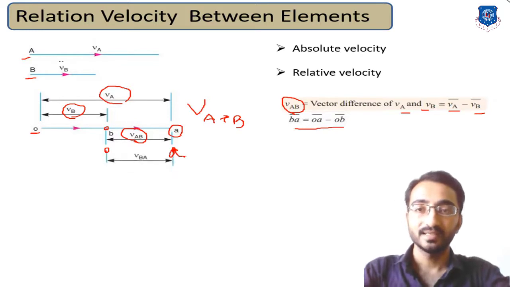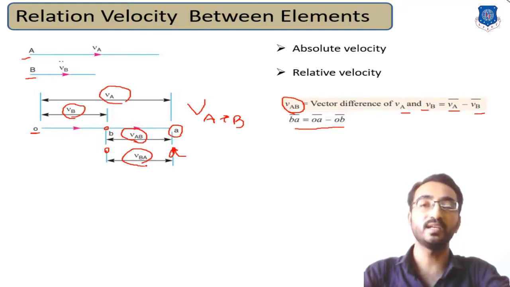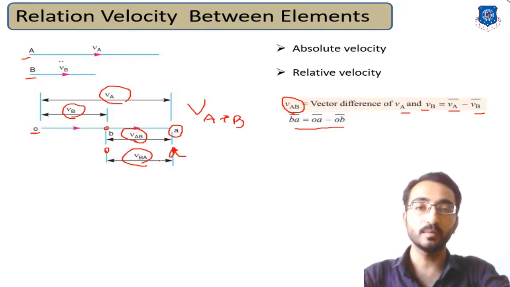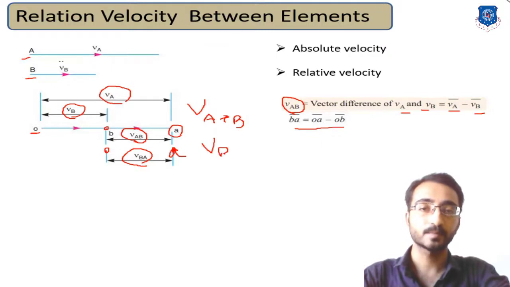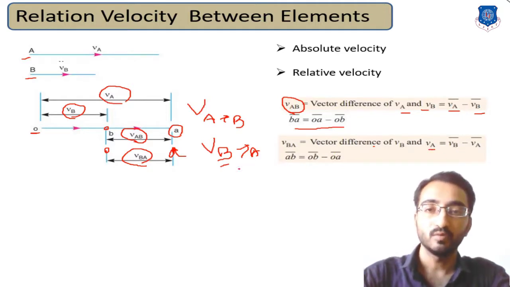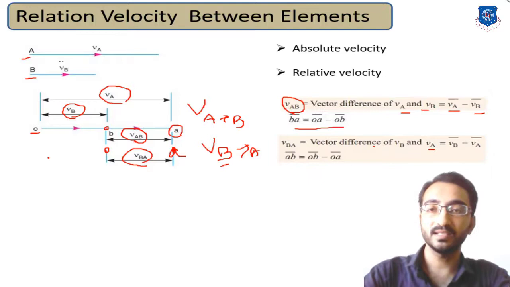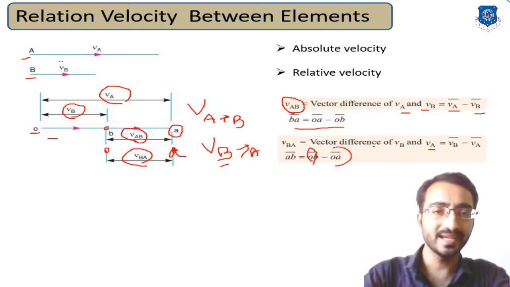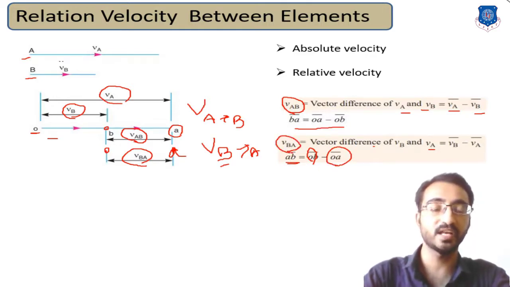So if I want to calculate the velocity of point B with reference to point A, now you are measuring the velocity of point B with reference to A, so your equation will be reversed. The vector difference is the velocity of B minus A, where the velocity of B is OB. So OB minus OA will give you vector AB, and that is the velocity of B with reference to A.